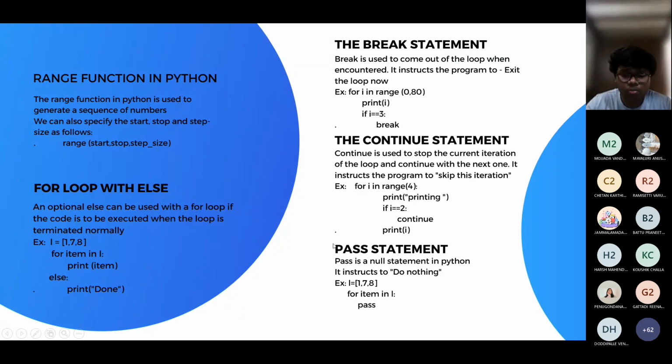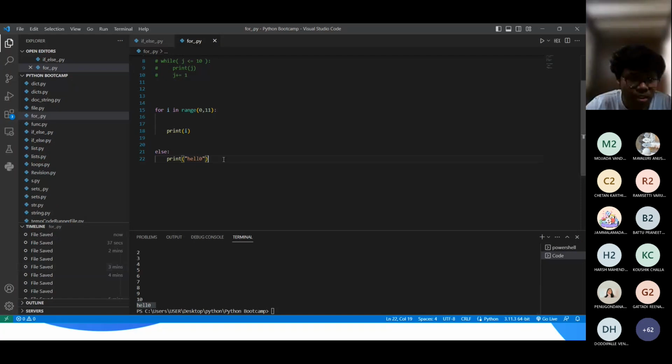And there is another thing called the pass statement. So we'll just use the pass statement here also. Now, inside the loop, if I declare an if block, I am just using a condition called i is equals to 7.